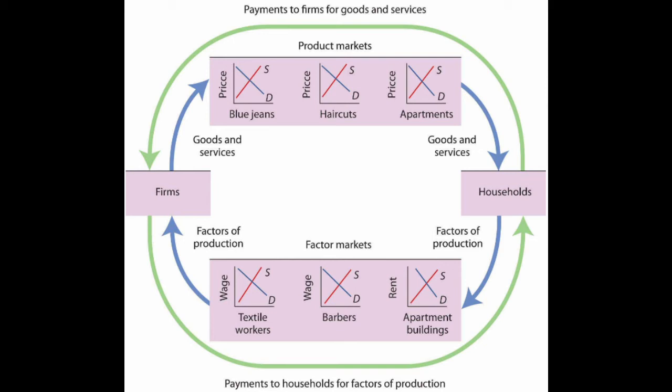This would all be a little bit loopy if there was just one household and one firm. Basically, somebody who knows how to provide haircuts giving haircuts to themselves, or, more realistically, somebody who knows how to make blue jeans only making blue jeans for Levi's so that they could purchase them. But it makes it simple to understand it that way, because then you get how circular this whole situation is.